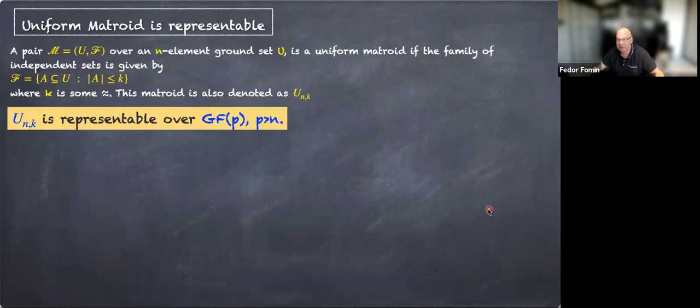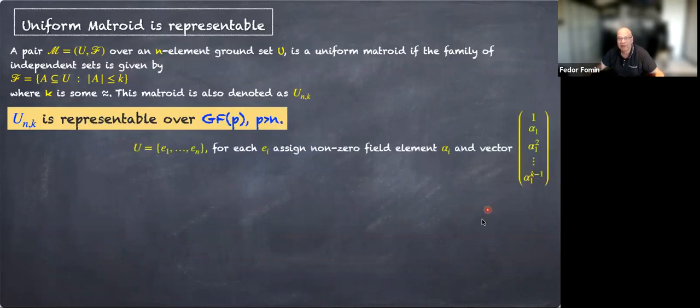But what is interesting for us? A very basic question in matroid theory: if you give me a matroid, is it representable or not? There are a lot of examples of matroids which are not representable, but the interesting matroids like graphic matroids, uniform matroids, and transversal matroids are representable.